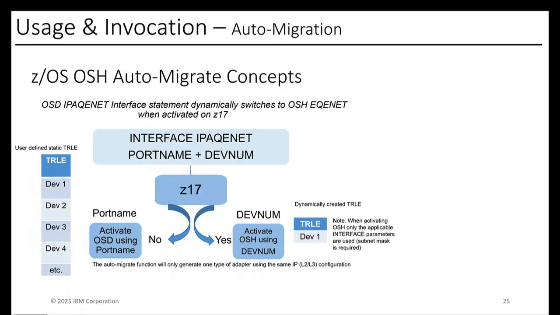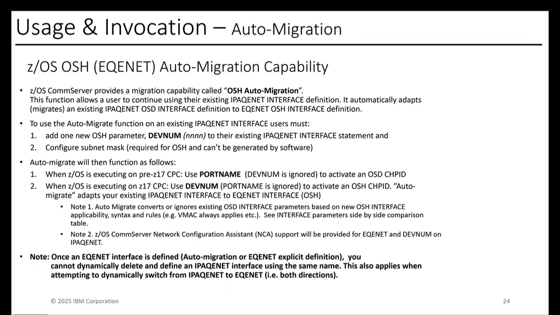So I'm going to jump backwards and see if there's anything else. I think I've pretty much covered everything that this was talking about. There is a footnote highlighted at the bottom. And this I think is true for any device, but once an EQENet interface is defined, either through auto migration or explicitly coding EQENet, you cannot dynamically delete and define an IPQENet using the same name.